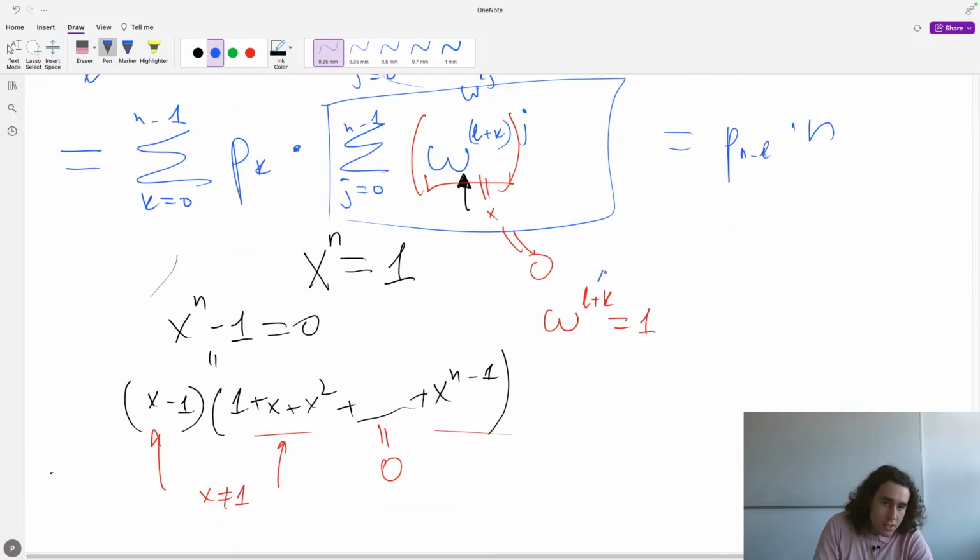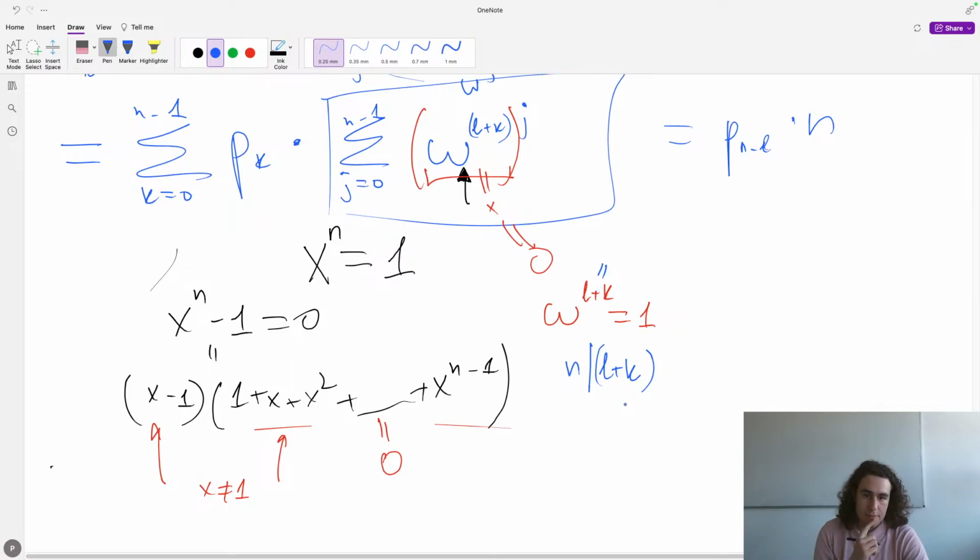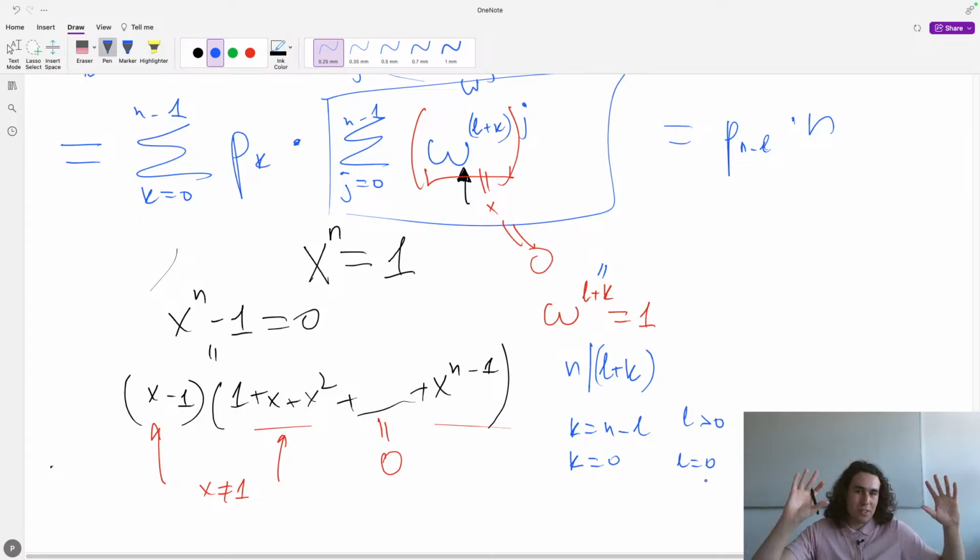So we want l plus k to be divisible by n, right? So basically we need k, which is n minus l, but this only works if l is more than 0. Otherwise k should be equal to 0, because we need n minus l mod n. And if l is equal to 0, that's n, we don't have n, so we have to take 0.